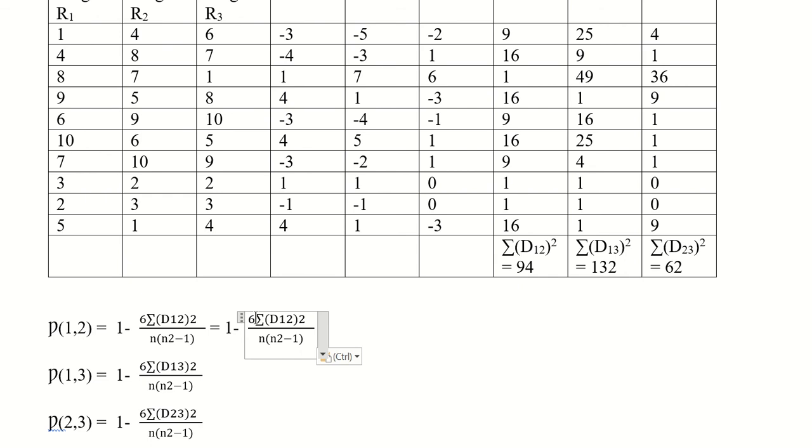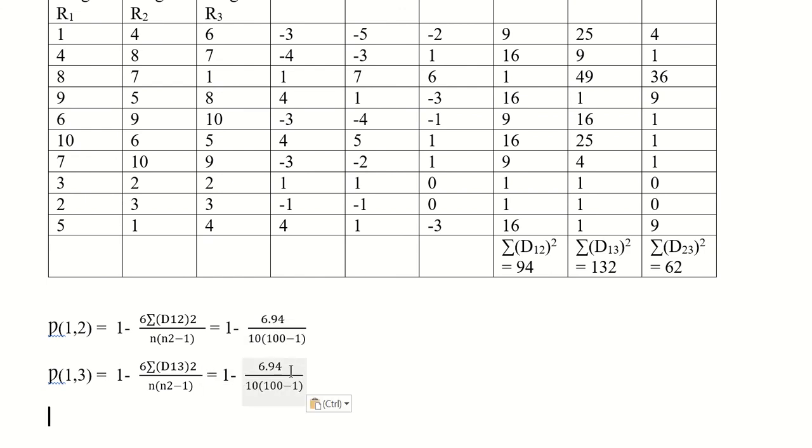So 6 into D12 square is 94 into 94, divided by n. How many contestants were there? 10. So 10 into 10 square, I'm directly writing 100. And similarly, we will put the values for the rest of the cases also.